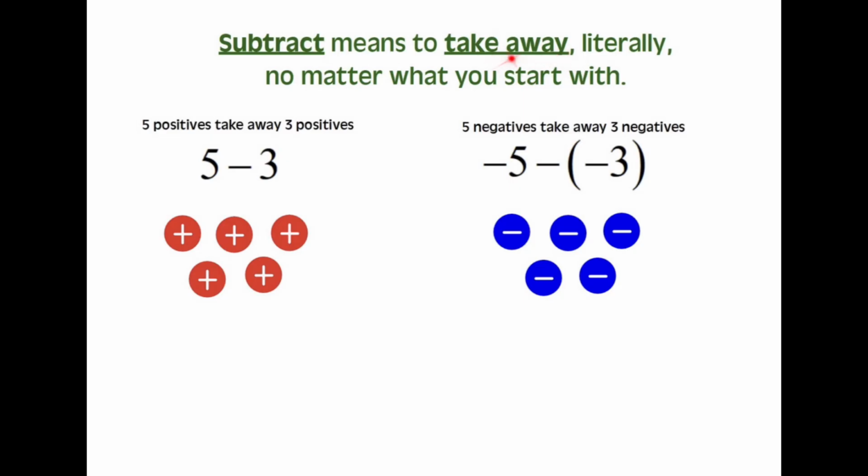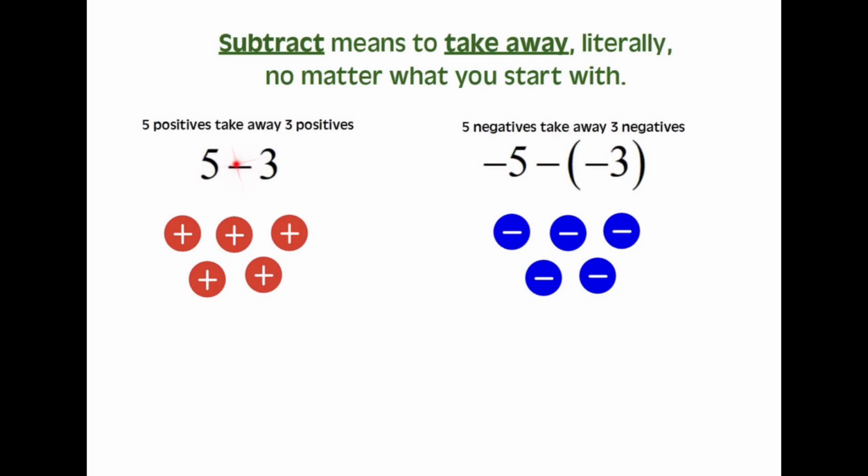Subtract literally means to take away. When you learned that in elementary school, that's the easiest way to do this. No matter what you start with, no matter what you're using, you're going to take away. So there's no sign in the front, so we're going to have 5 positives. Take away.